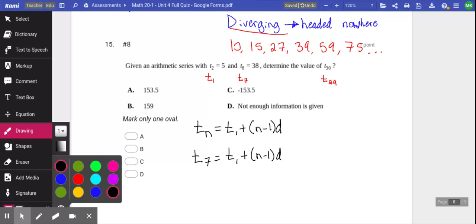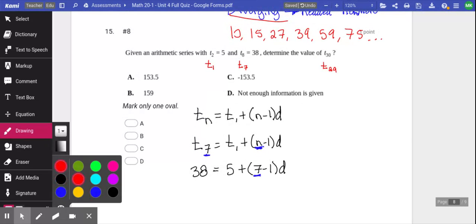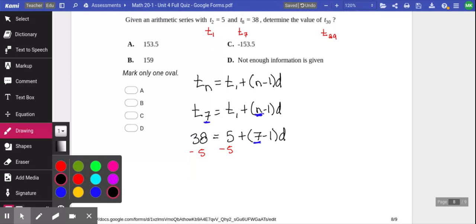T of 7 is 38 equals 5 plus 7 minus 1 and then d. That value 7 is because we're talking about the 7th term, right? Those two numbers have to equal each other. I'm going to subtract the 5 to the other side. That gives me 33 equals 6d. I divide both sides by 6.